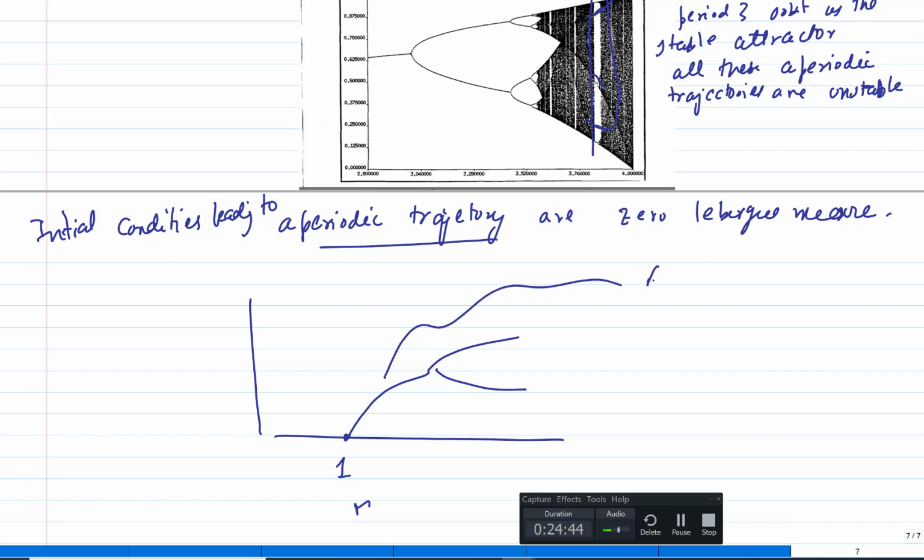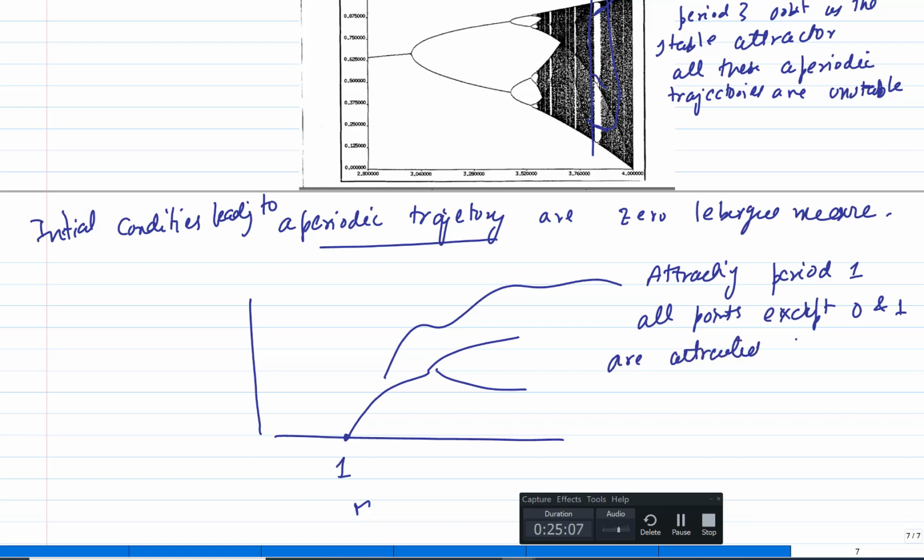So this is an attracting period 1 orbit where all points except 0 and 1 are attracted to period 1.